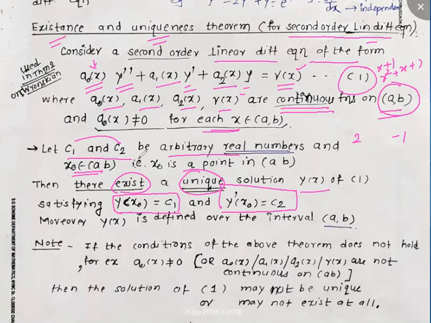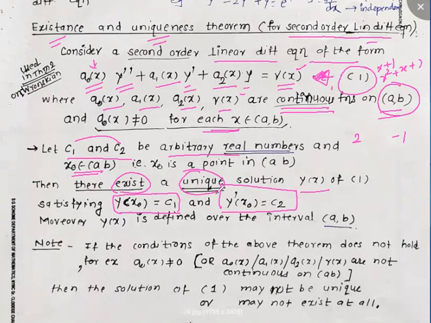So for these arbitrary constants and for any point x0 we have selected in the open interval a to b, there exists a unique solution y(x) of the differential equation 1, satisfying this condition: the value of the solution at x0 is c1 and the value of its derivative at x0 is c2.